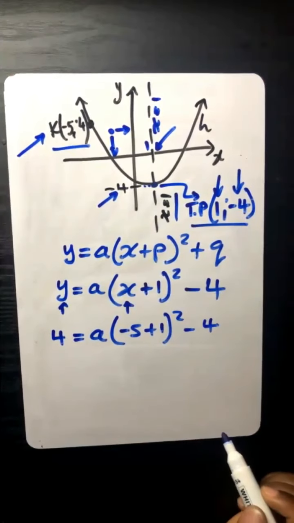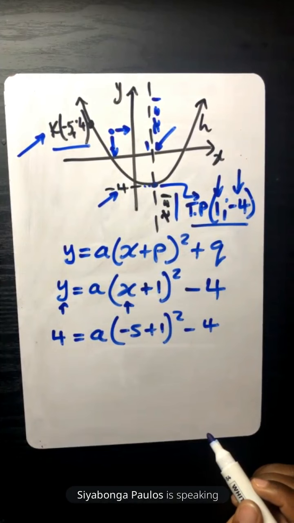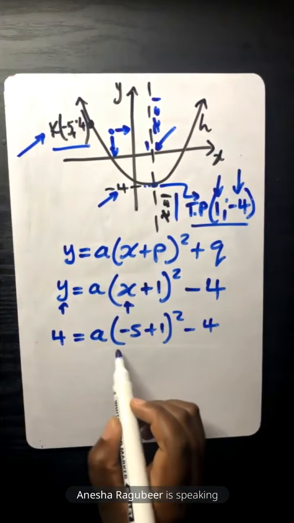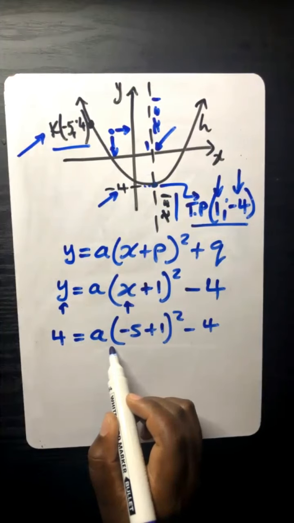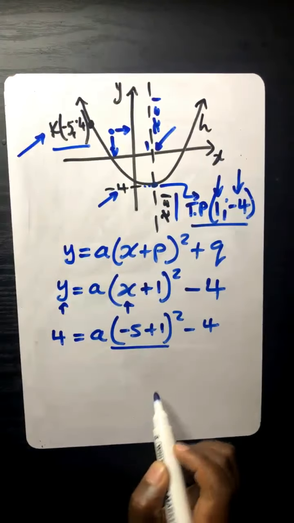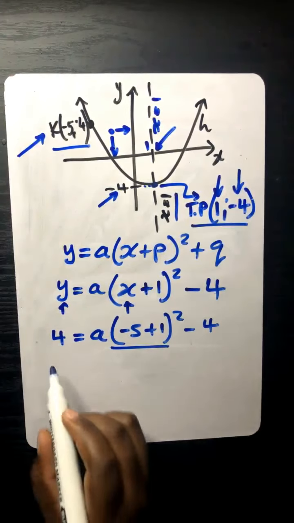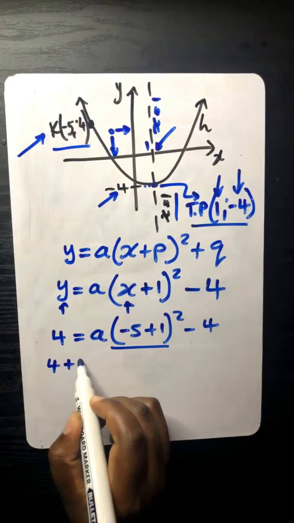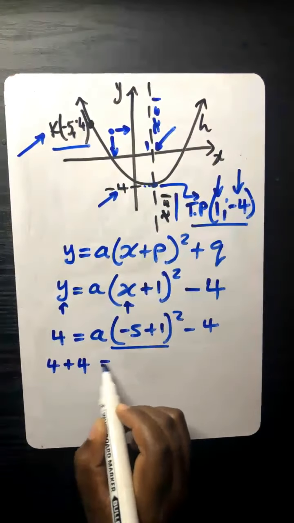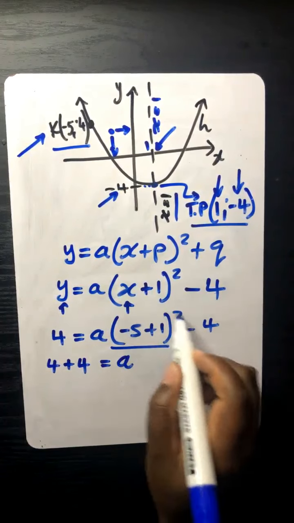Does it make sense, that part, to everyone? Yes, sir. So you now punch this on a calculator, and at the same time you can transpose that one. So what I'm saying is you have 4, you transpose, it becomes positive 4, it equals a times what is that?